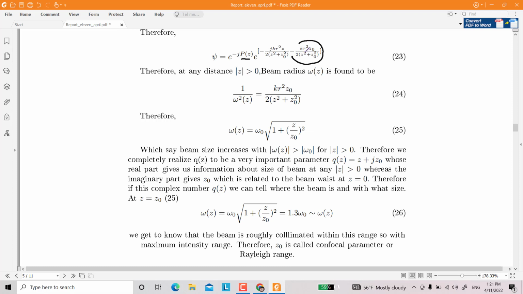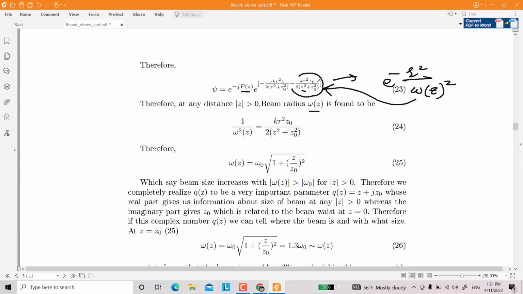We defined the beam waist, and now in the denominator Z is also appearing. So we can equivalently define the beam radius at any value of Z as follows. If we compare this with exponential minus R square over omega of Z square, we realize that this term is the beam radius at any Z. So 1 over omega square Z is equal to this term, apart from this R square.